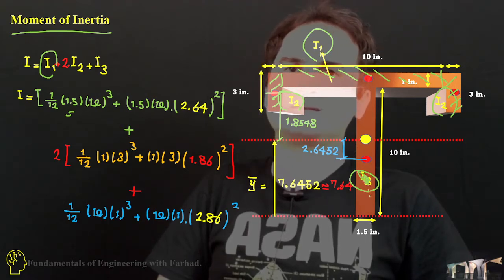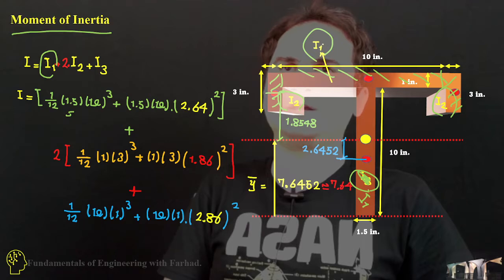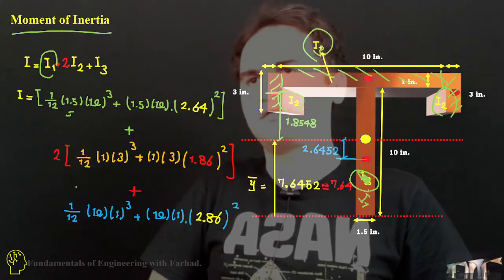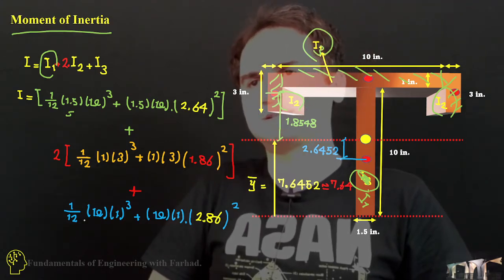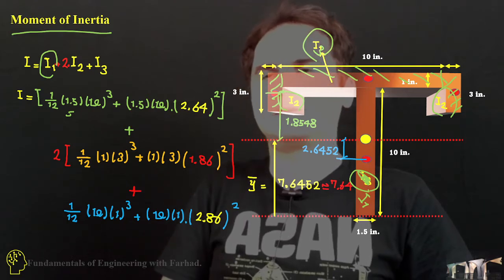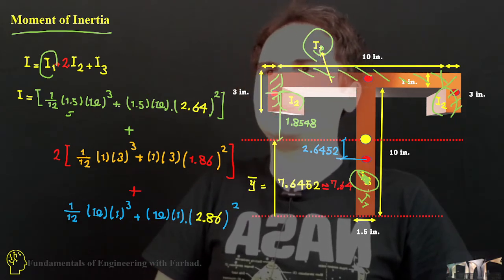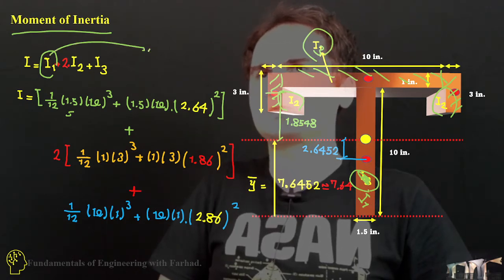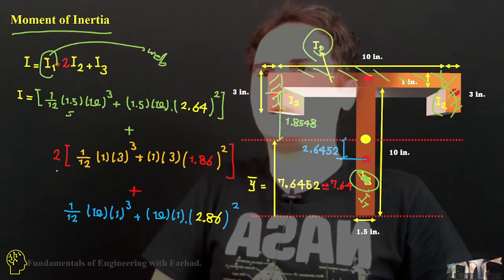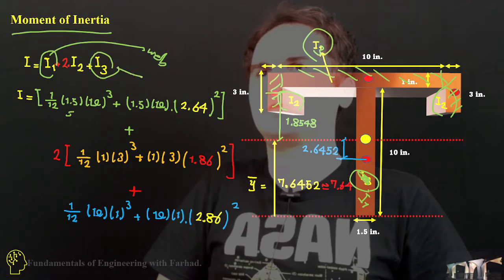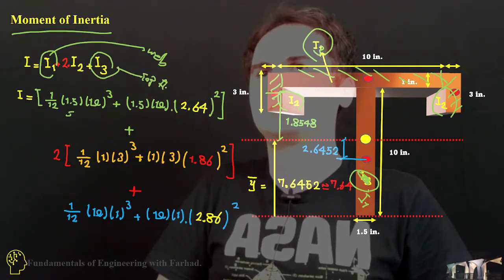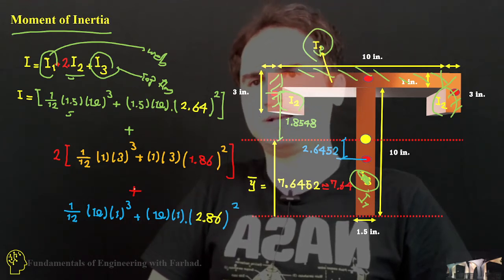My bad, consider this for I1 and this one for I3. So I1 is for the depth and I3 is for the top flange, and the two I2 are the two extra parts at the sides.